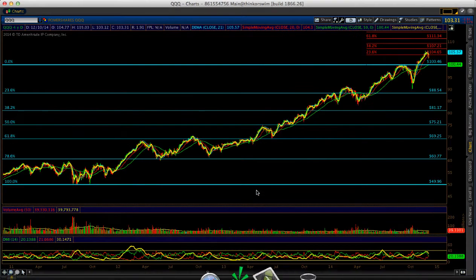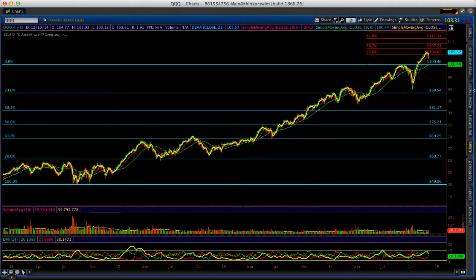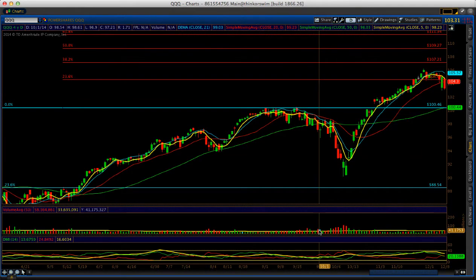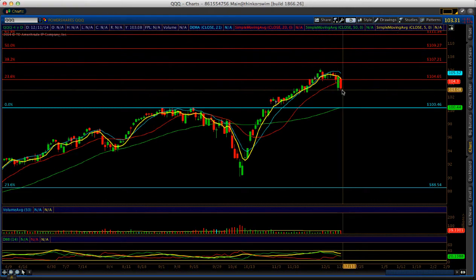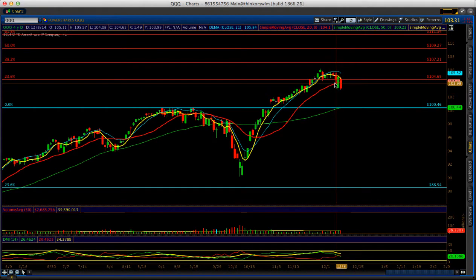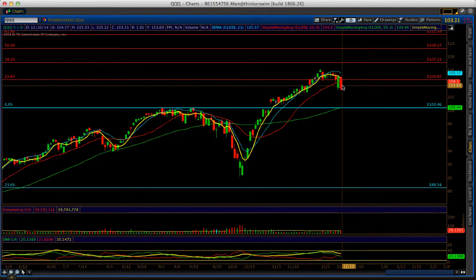Now let's talk about the Qs. The Qs, as you can see here, look exactly like the spider. Right here it's holding this level. You broke down the 20 simple moving average, but today's candle didn't confirm the breakdown. So it's hard to get short here.